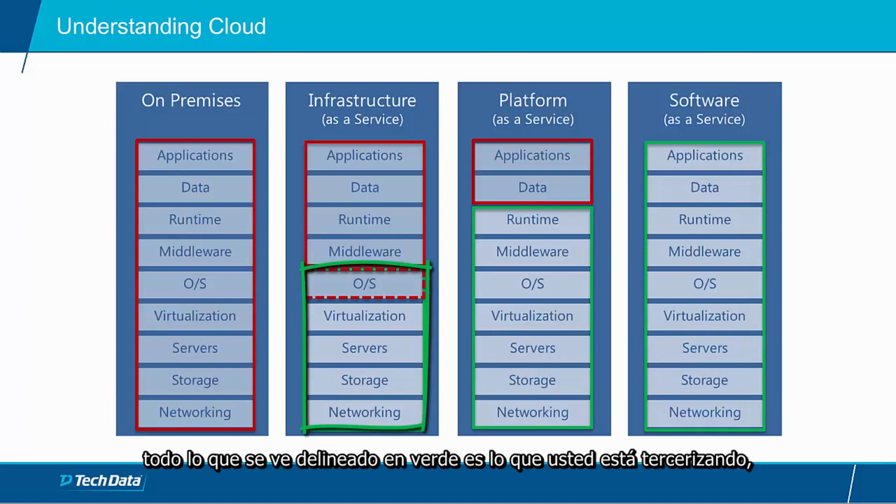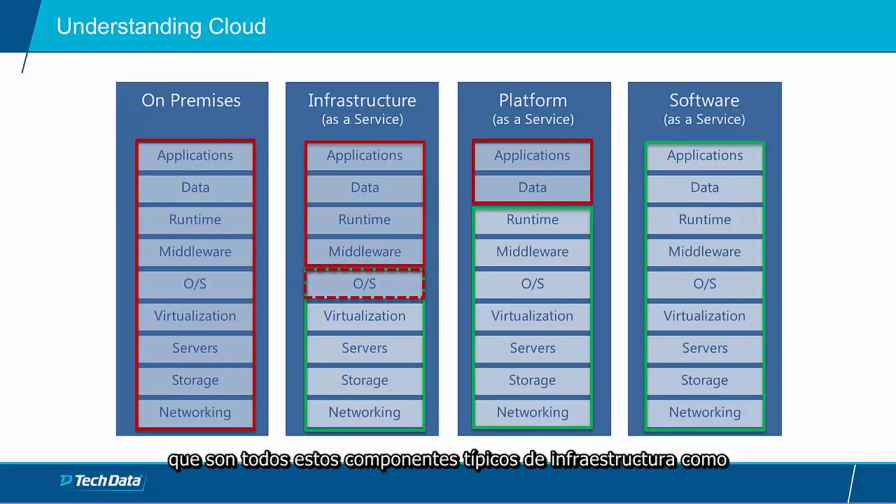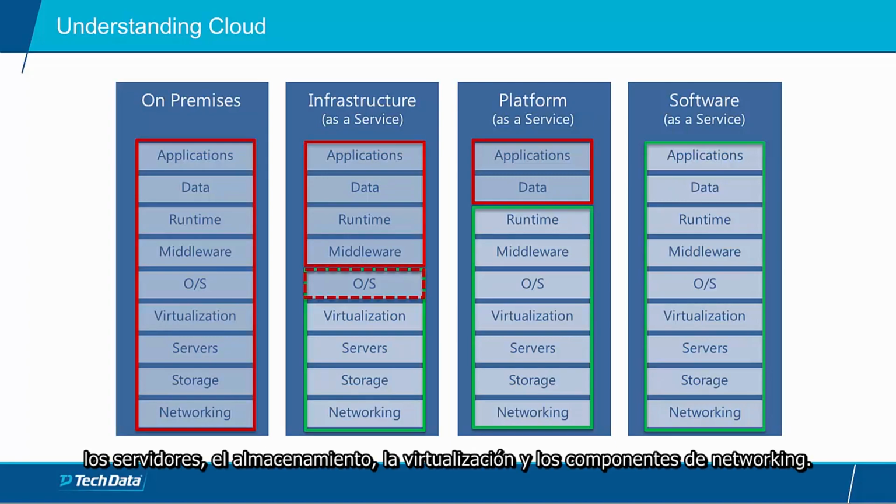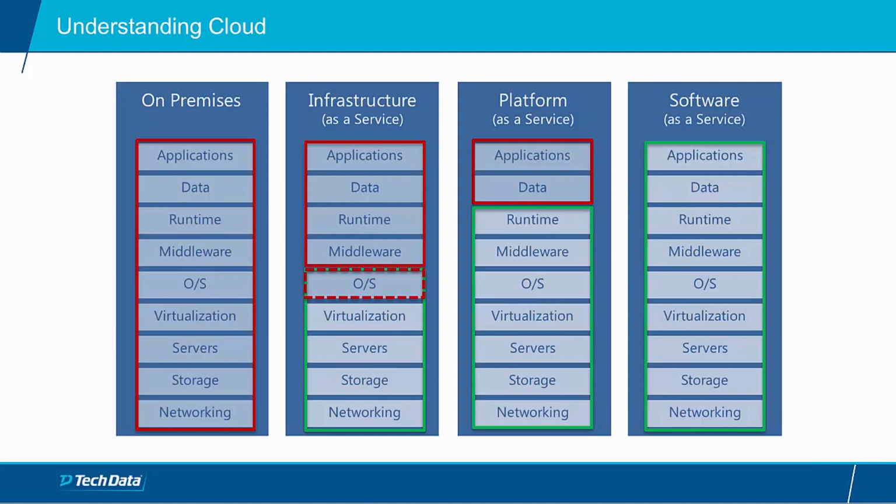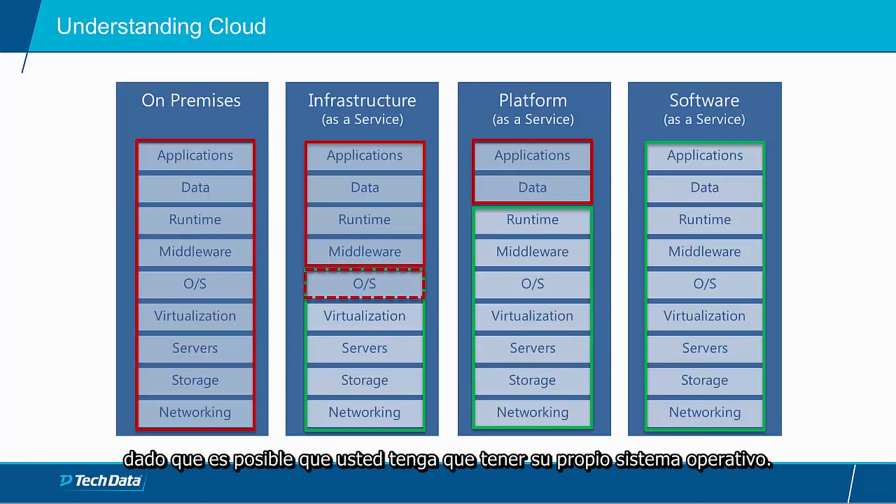So again, everything you see here in green is what you're outsourcing, which are all these typical infrastructure components like the servers, storage, virtualization, networking components. And we have a dotted line here around the operating system, since you may or may not need to bring your own operating system.